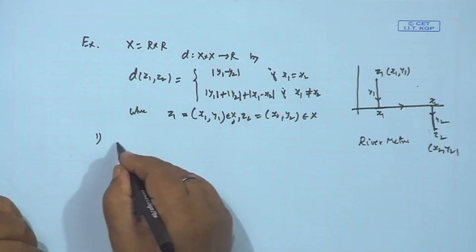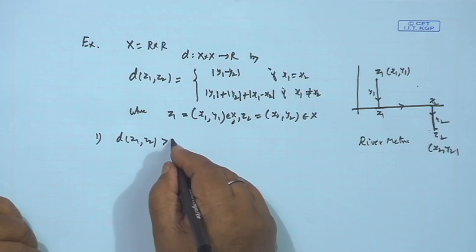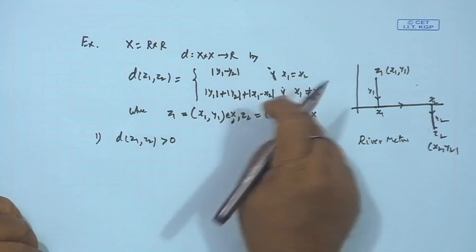The first is obviously d(z1, z2) is greater than 0, because every term is absolute.